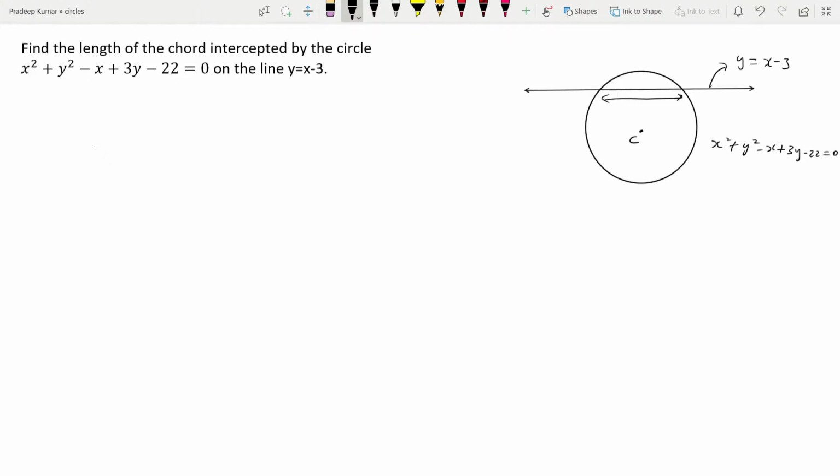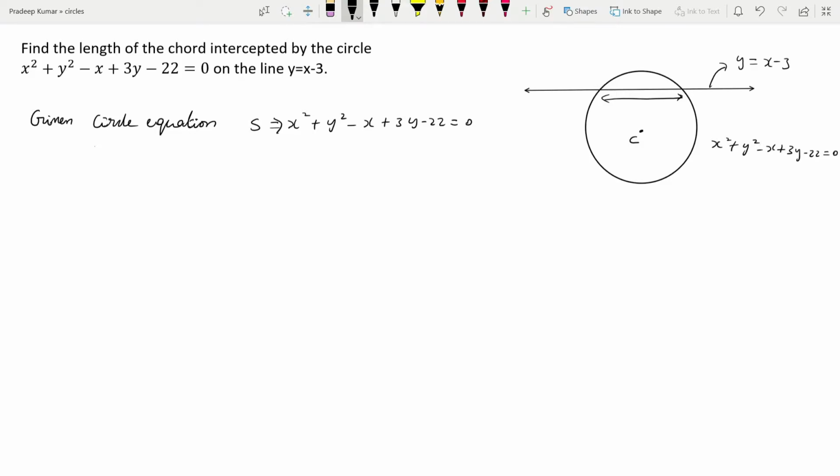So first we'll write the given circle equation. I will just take this as S. So I can write S = x² + y² − x + 3y − 22 = 0. So we are just representing this particular circle as S. Now we'll find the center.